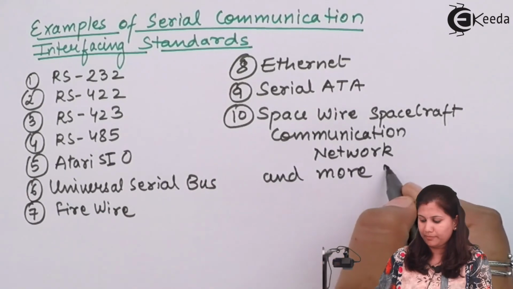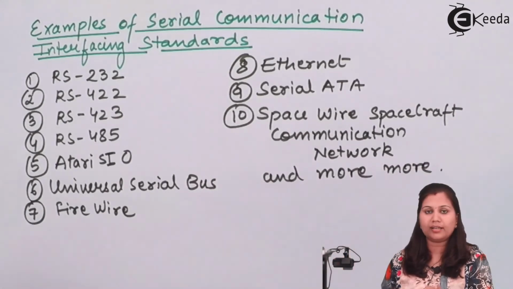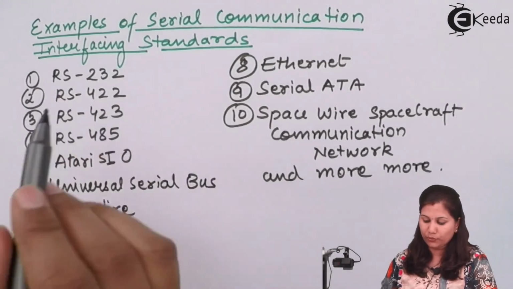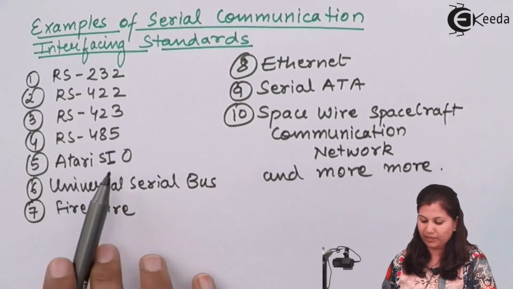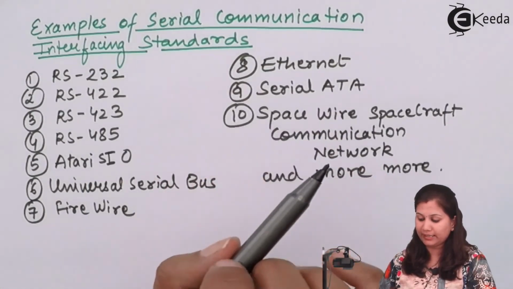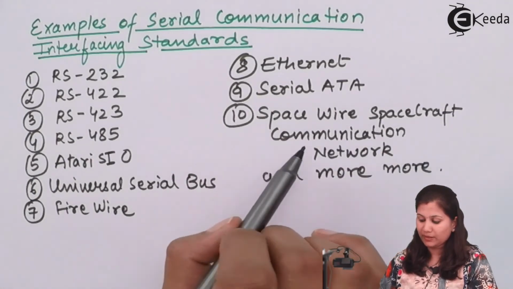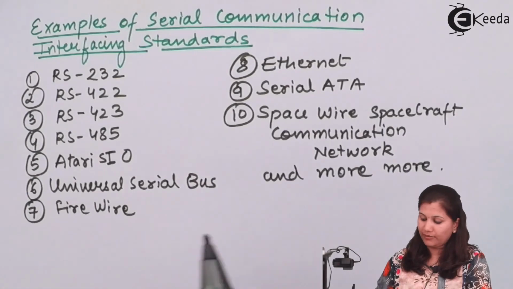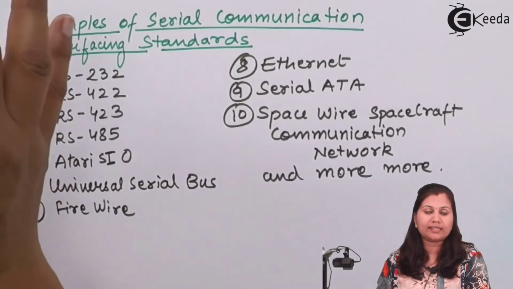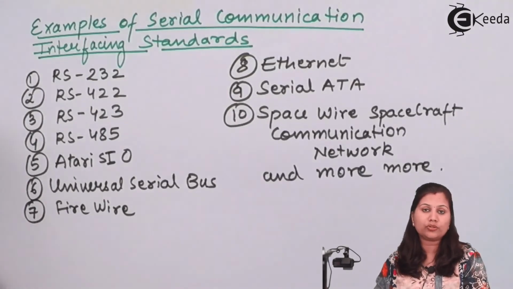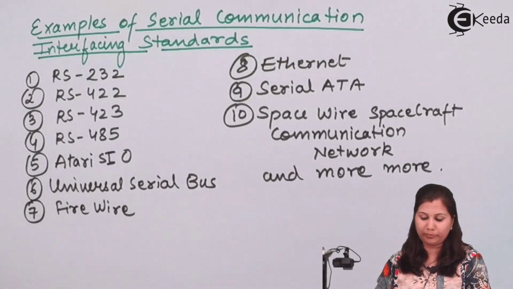There are various interfacing standards available like RS-232, RS-422, 423, 485, Atari SIO, Universal Serial Bus, Firewire, Ethernet, Serial ATA, SpaceWire, Spacecraft Communication Network, and many more. All these are the various interfacing standards available in the market, which are used by the manufacturers for the interfacing of two equipments.